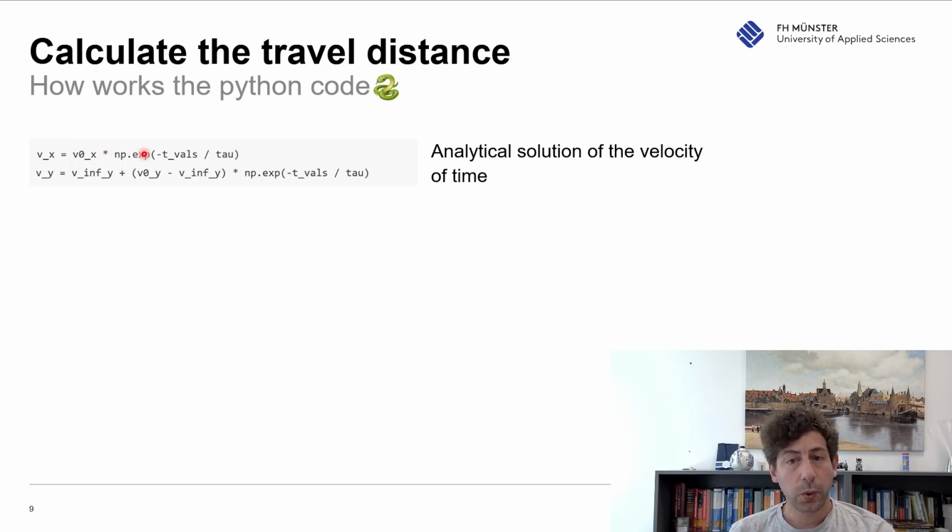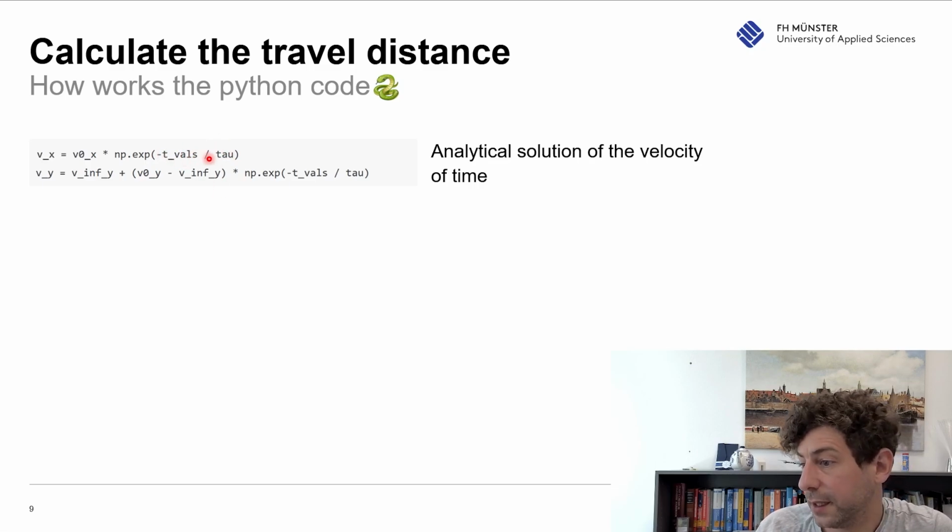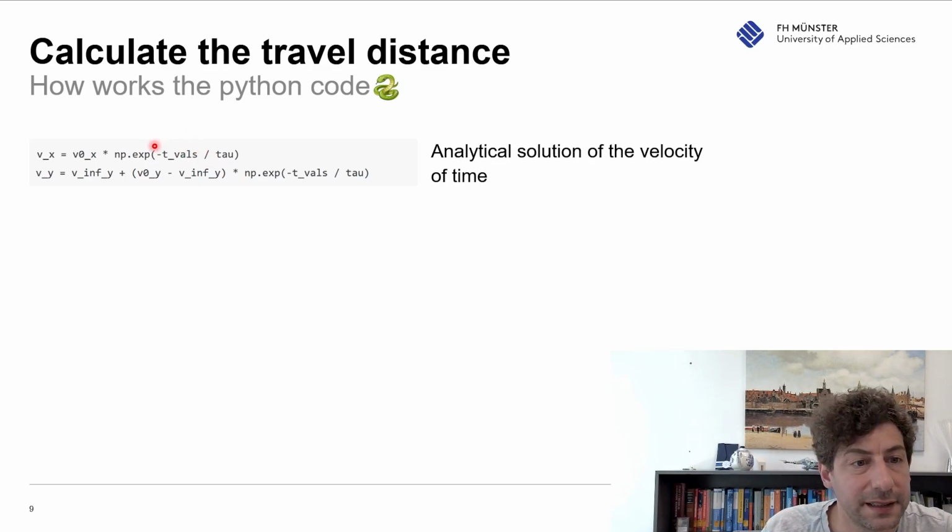So this is an exponential decay, so this means the velocity in x direction exponentially decreases, right? So here's the variable, and this means we have an exponential decay over time with a constant here, and the larger this constant, the slower the decay, and this means that a small drop or a fast droplet decays very fast, and a large droplet decays slow, and a small droplet decays fast.